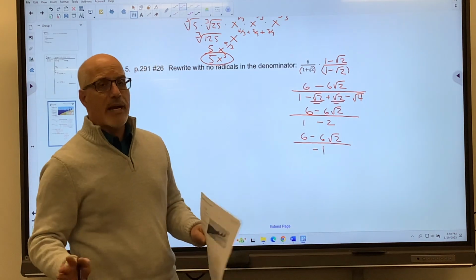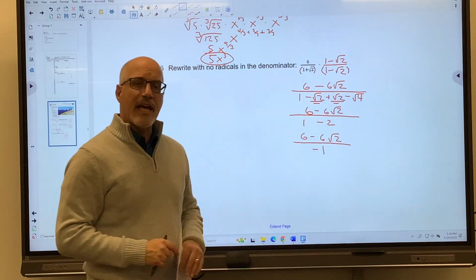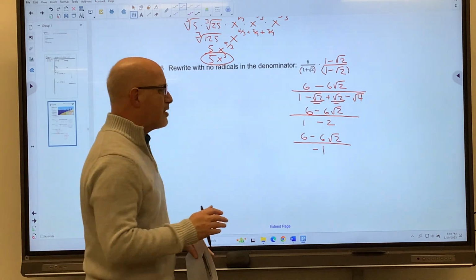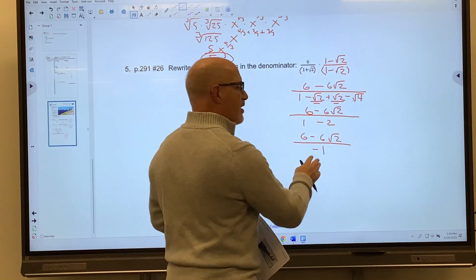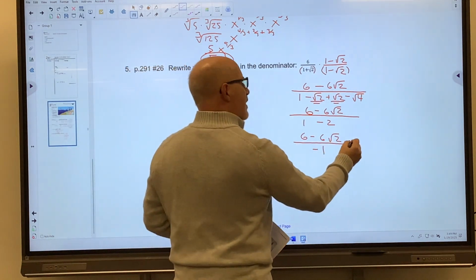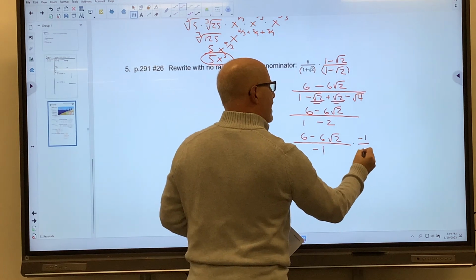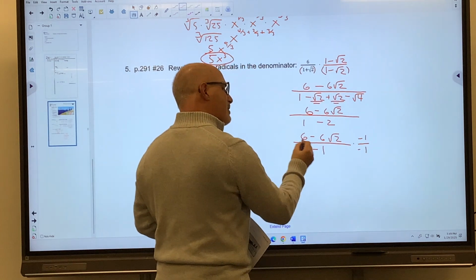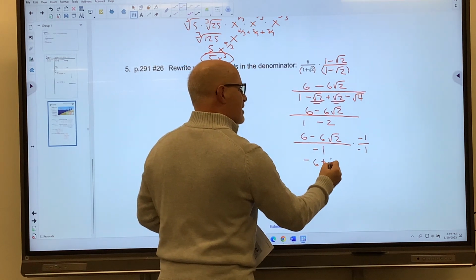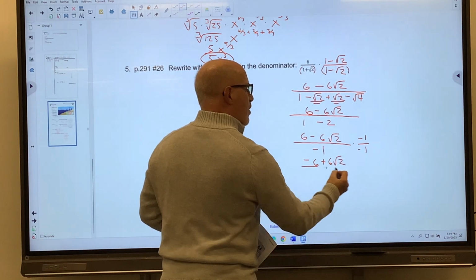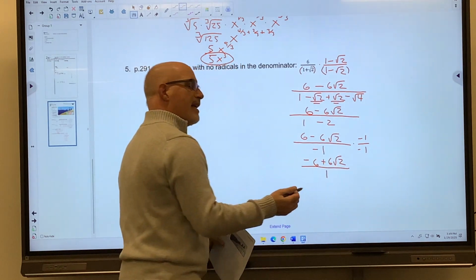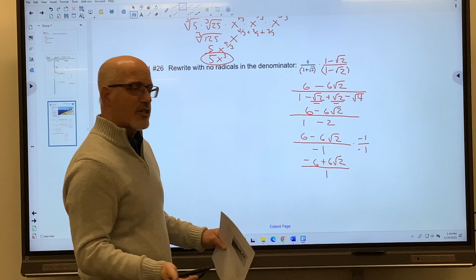Now that is a correct answer. If you leave it like that, you'll be okay. But just because we've got a negative 1 down here, if I multiply this by negative 1 over negative 1, notice what happens. I get a negative 6 plus 6 square roots of 2 over positive 1. Then we don't have to list it as a fraction anymore.